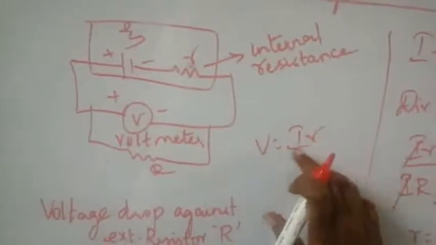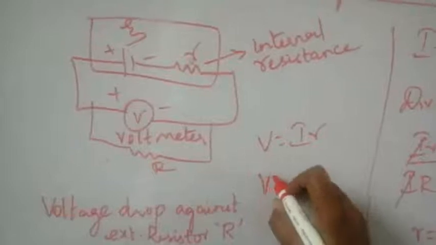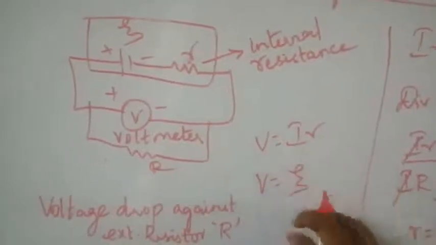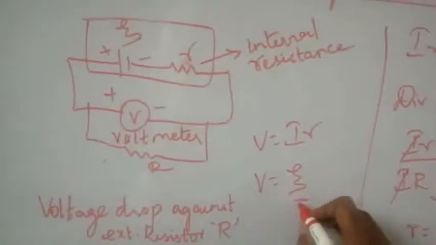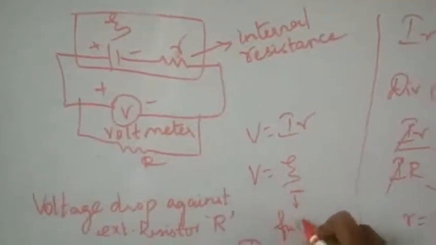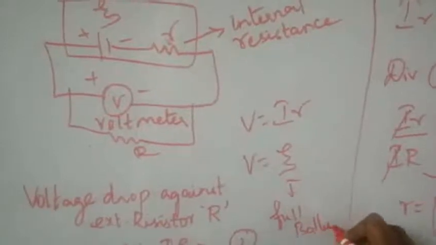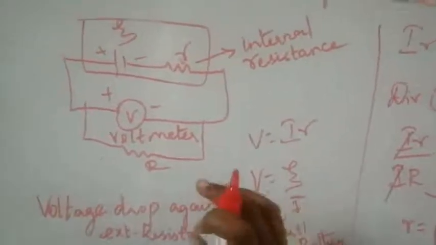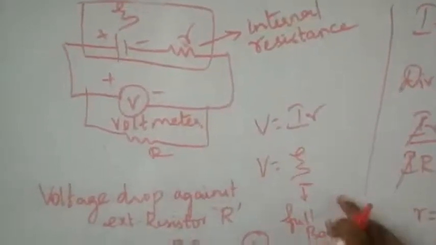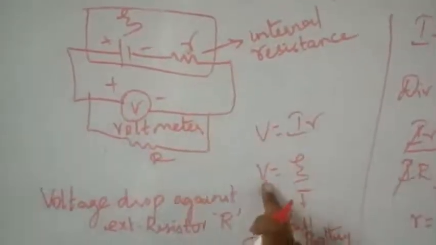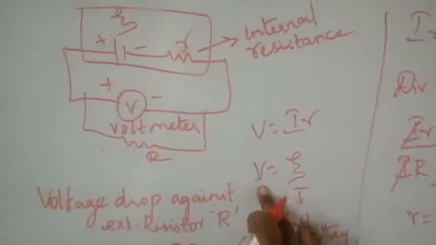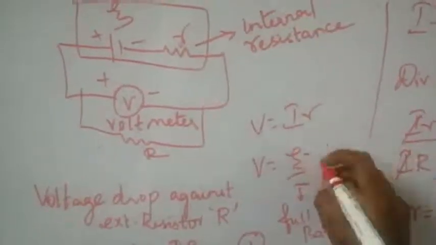But what is this voltage? The full battery voltage, without any current flowing out of the battery, is nothing but the EMF. When you connect to the circuit, a voltage drop occurs because of this internal resistance.